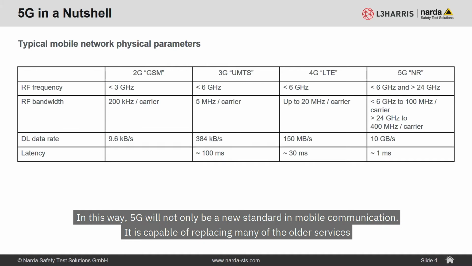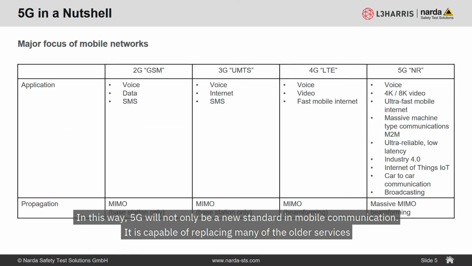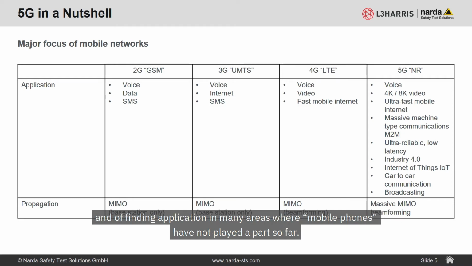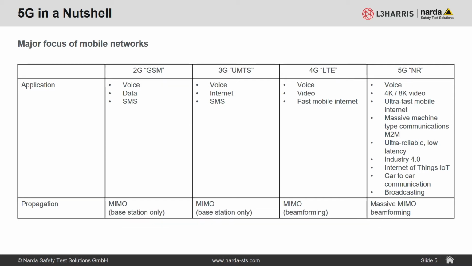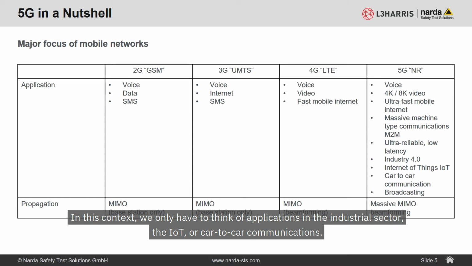In this way, 5G will not only be a new standard in mobile communication, it is capable of replacing many of older services and of finding application in many areas where mobile phones have not played a part so far. In this context, we only have to think of application in the industrial sector, the Internet of Things, or car-to-car communication.